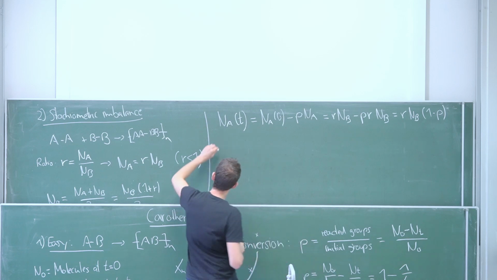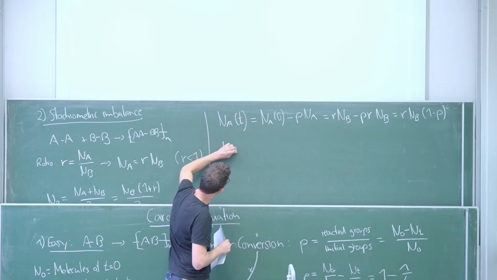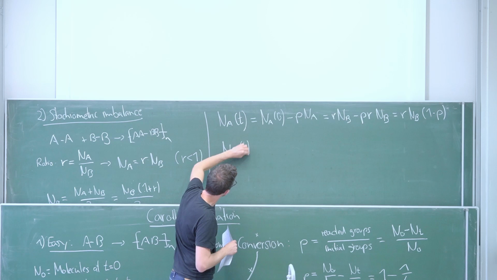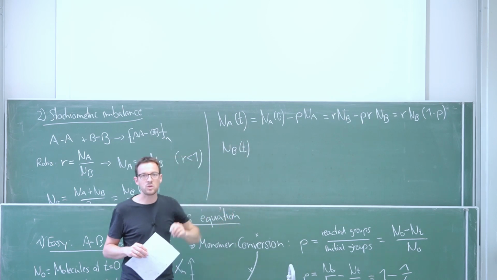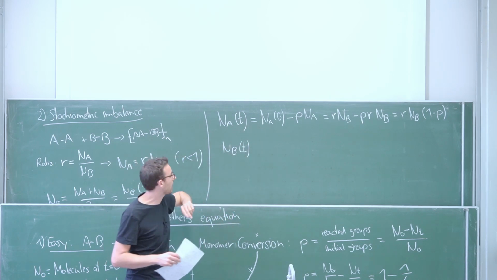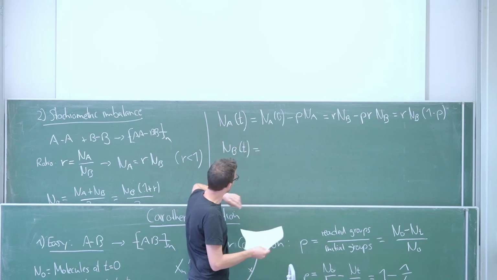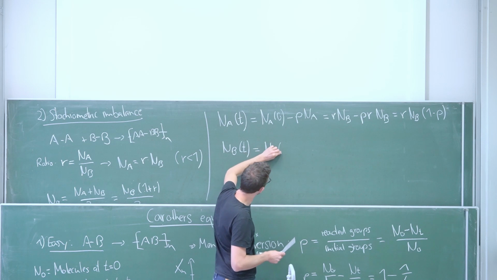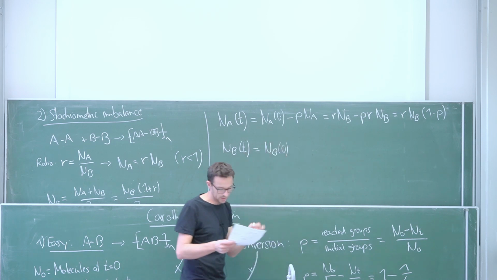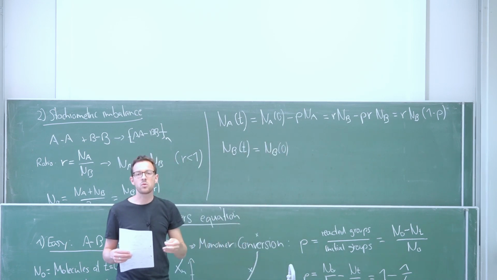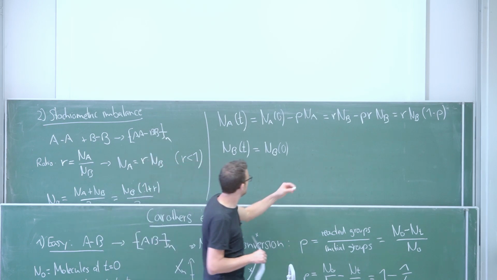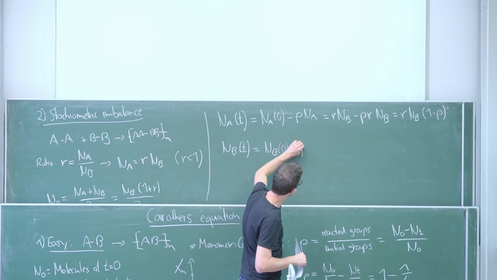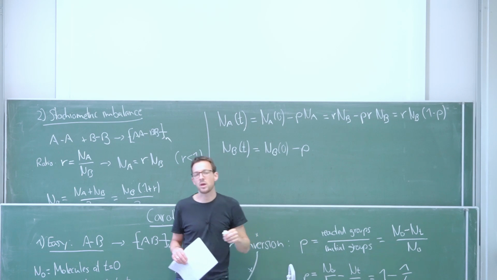Okay, next we look at the functional groups B at a certain time t, the ones that are still there at time t. So this will be the number of functional groups B in the beginning. And again, we subtract all the groups that have reacted. So the conversion is P. This is the number of groups that have reacted.